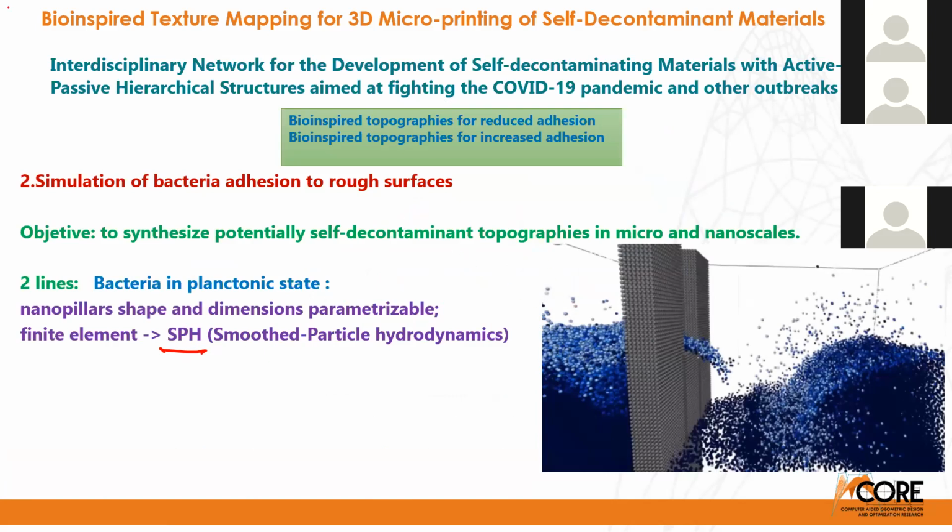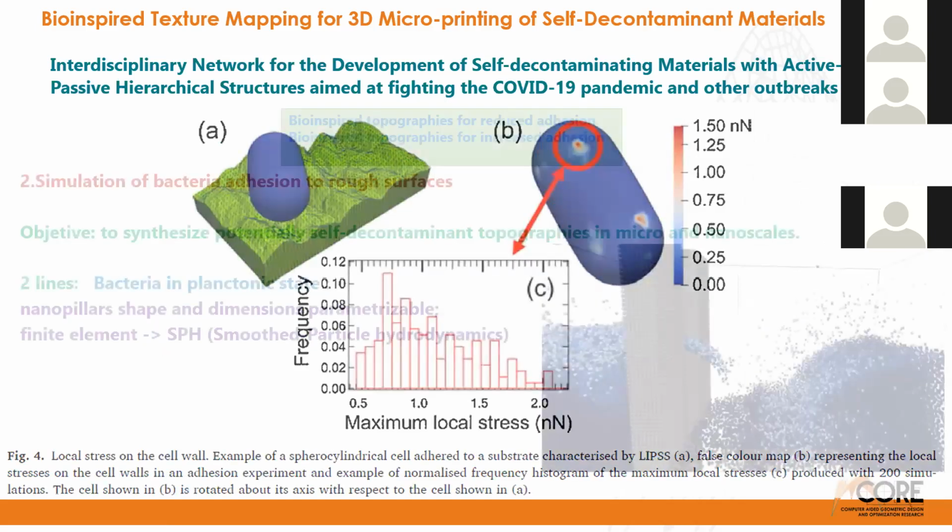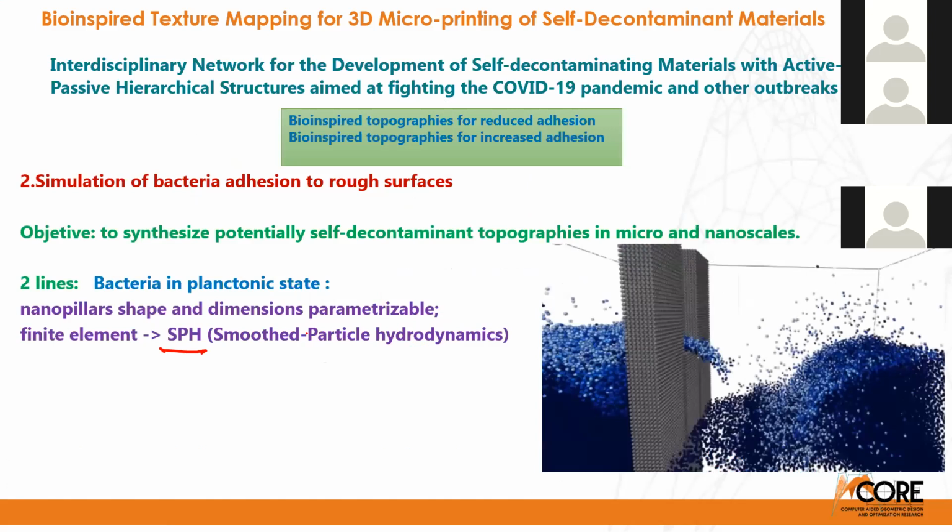It's like using this smoothed particle hydrodynamics, SPH, that we believe is better than the finite element method that they use here, because SPH is better to model the interaction between two different surfaces.